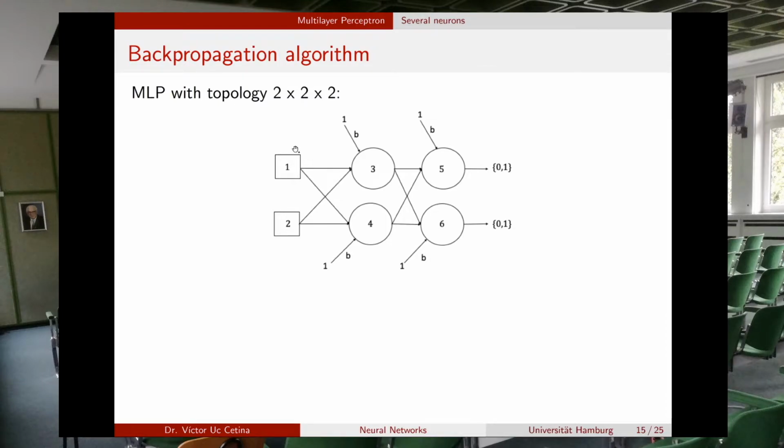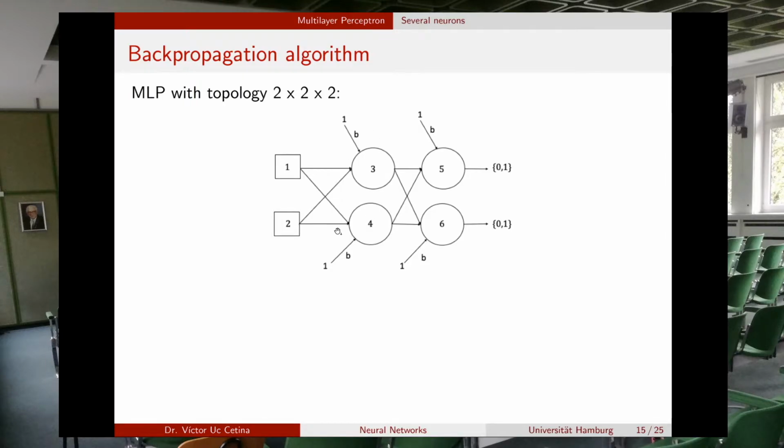And in this case, we are looking at a network or multi-layer perceptron with two inputs. So this will represent how many features we are using for this problem. Then you have a layer of what we call hidden units. So this will be a hidden layer. You can have many hidden layers.